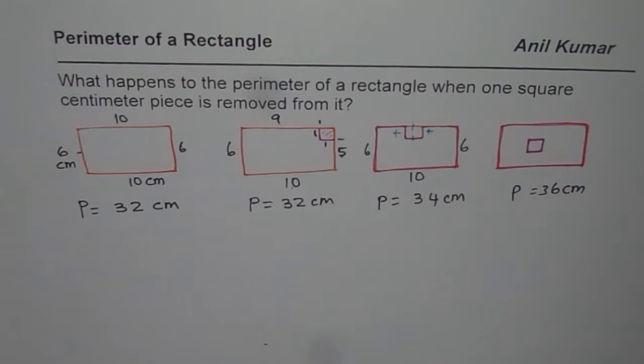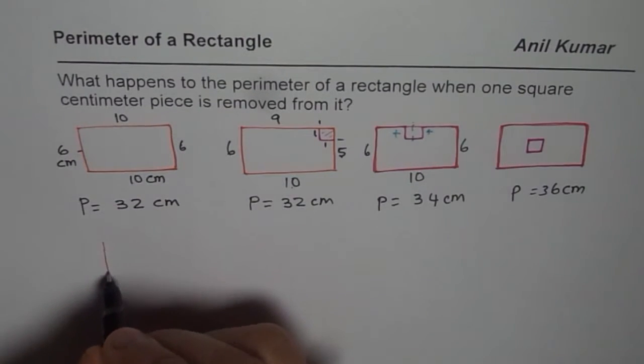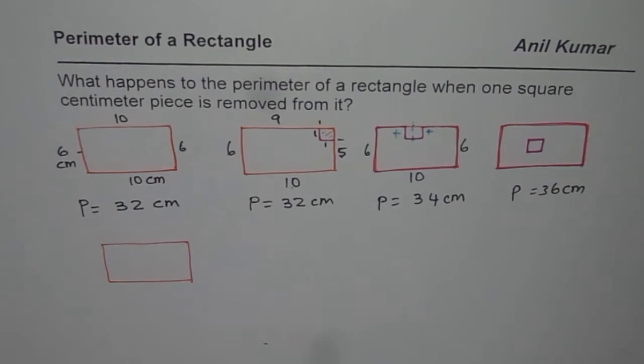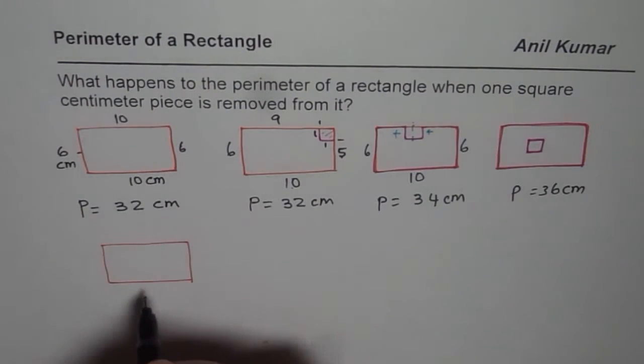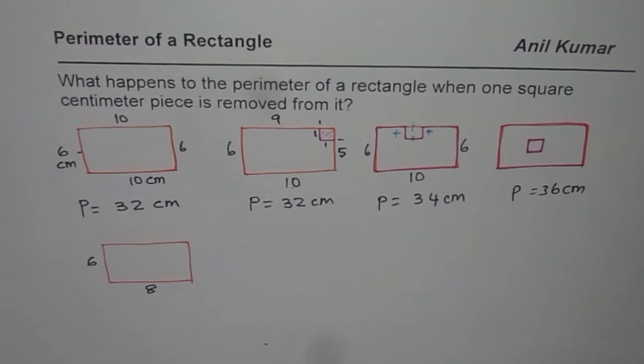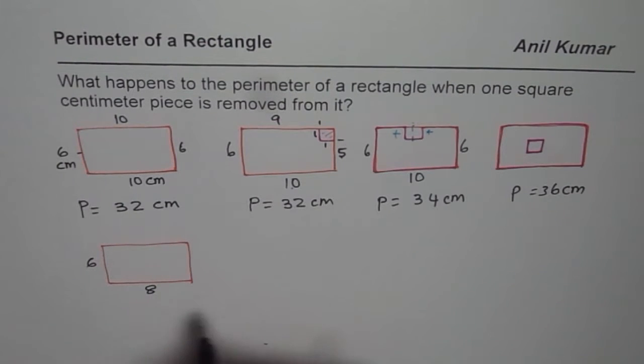Okay. Now what you need to do is the same exercise, and this time I have a different rectangle. Does it make a difference? This time let us say my dimensions are, for easy calculations, 8 and 6 again. So that is my rectangle, and from this rectangle I am removing a square with an area of 4 square centimeters this time, not 1 square centimeter.